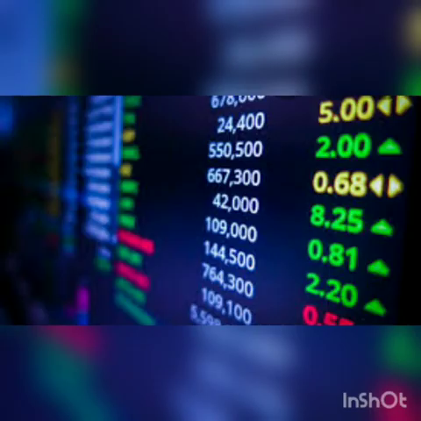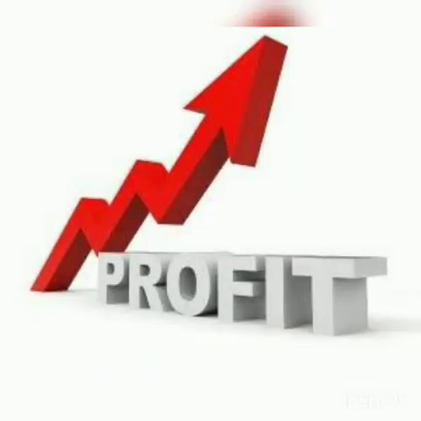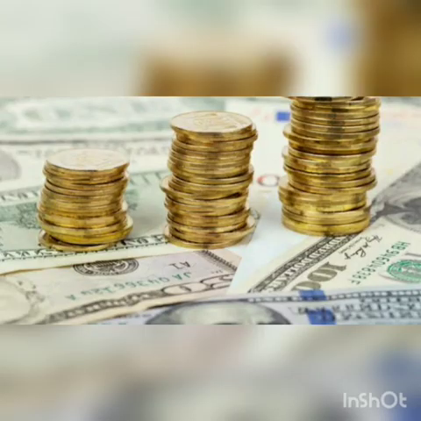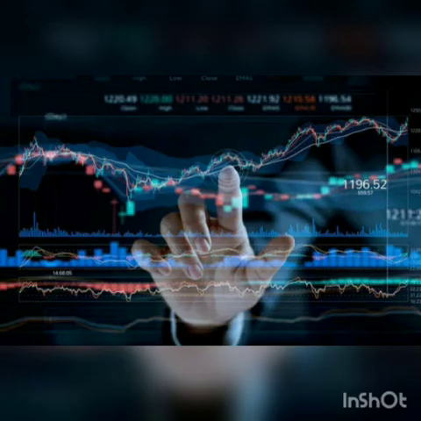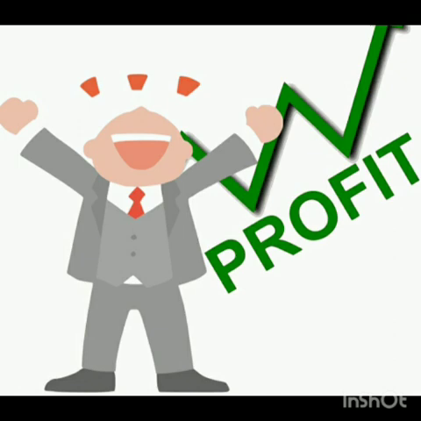I fix a monthly target that I have to earn $1,000 per month, and I divide it over an average of 20 days, because Saturday and Sunday the markets are closed. So I fix my daily target, and when I achieve that target, I just close the market. So I am a day trader, and I prefer to be.